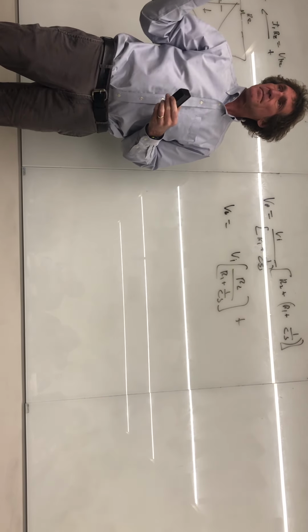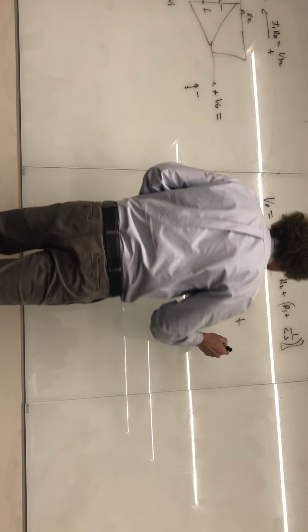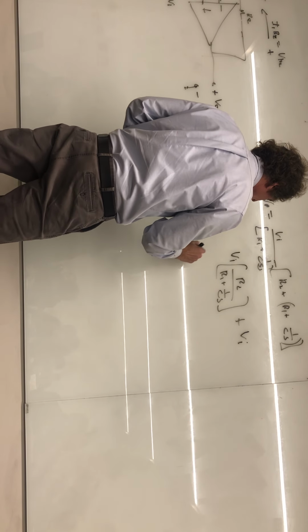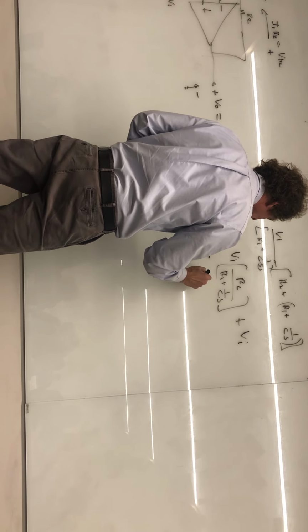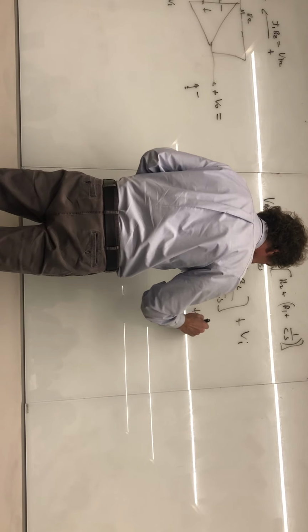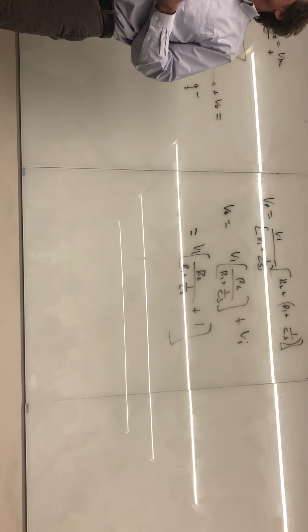Can everybody see this? So if I know that cancels, it's just plus V in. Or really, I can say that this is V in times R2 over R1 plus 1 over CS, plus 1. I want you to make sure you see what I've done. How many agree with that?